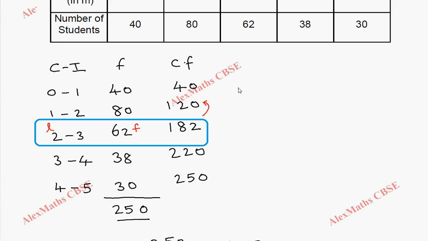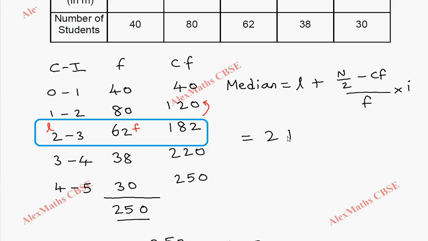Let's write the formula for finding the median. So the median formula is L plus n by 2 minus CF, whole divided by F, into i. Now the value of L is 2. N by 2 is 125, and cumulative frequency of the previous class is 120, and frequency of this median class is 62, and i is nothing but the class width, subtracting 2 from 3, that is 3 minus 2, which is 1.